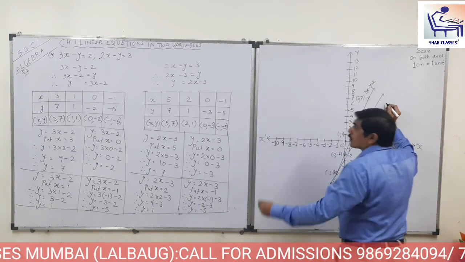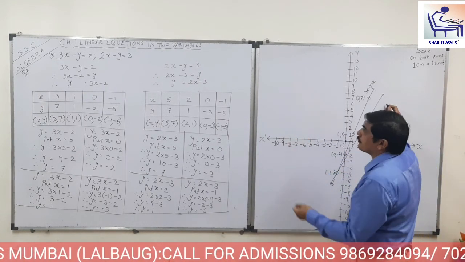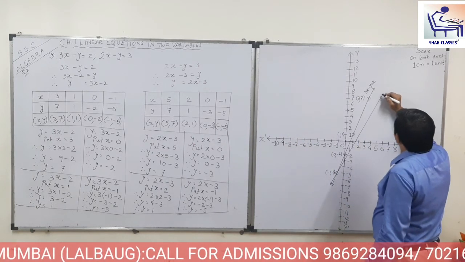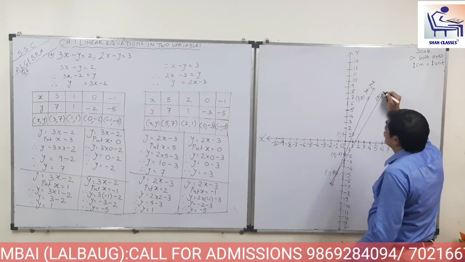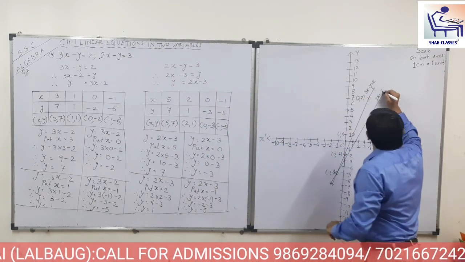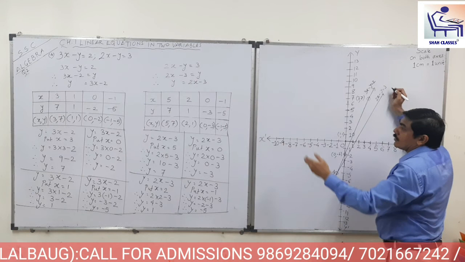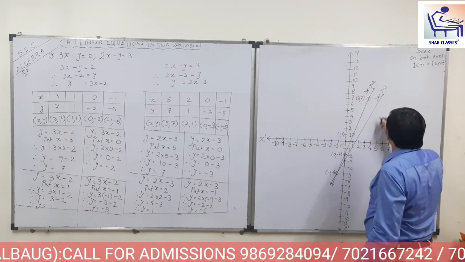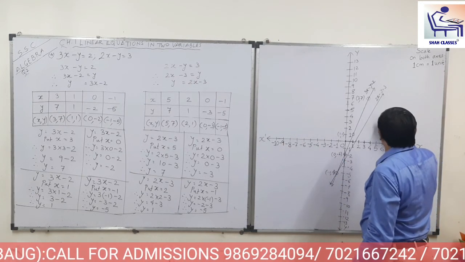So your second line is ready. Now we have to give the naming of this line. Your second equation is 2x minus y is equal to 3. See the points. Give the naming of these points.